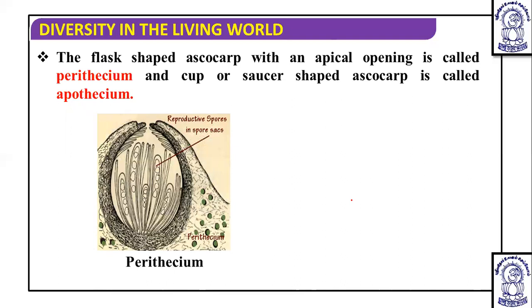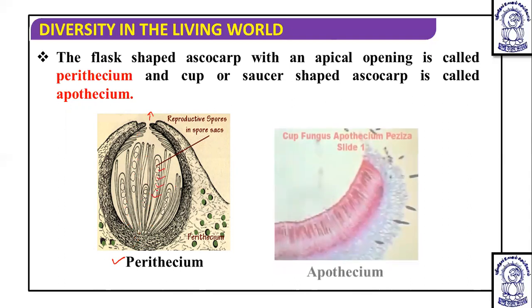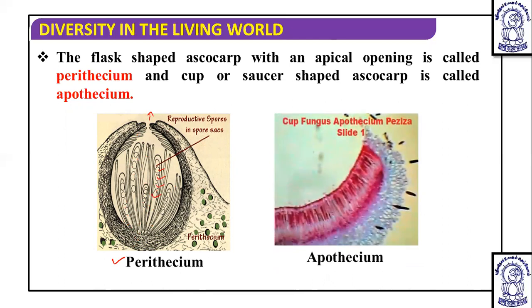You can see here this is the perithecium, and this is the opening, and within that you have the ascus, and within the ascus we see the presence of ascospores. Apart from this, the apothecium is saucer shaped, and you can see this saucer shaped apothecium.